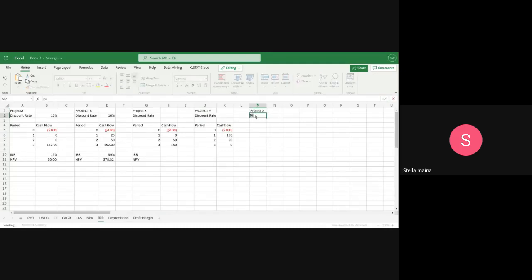Discount rate, and then we'll have our period, and then we will have our cash flow. So this starts from 0, 1, 2, 3, and that being okay, we have changed.